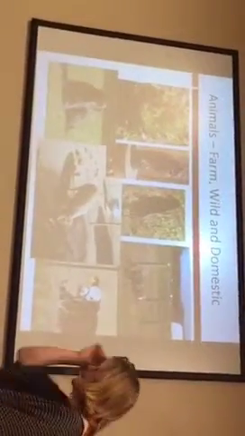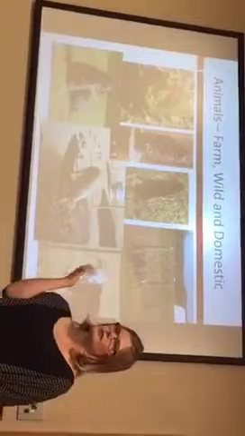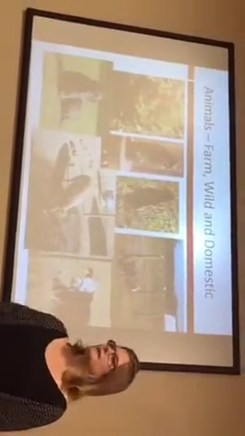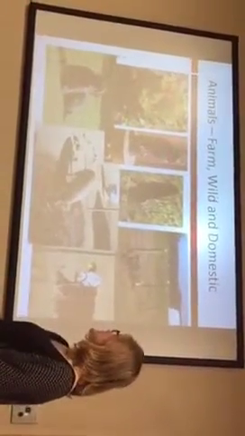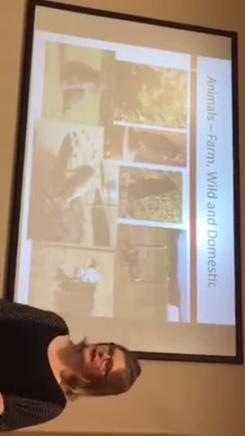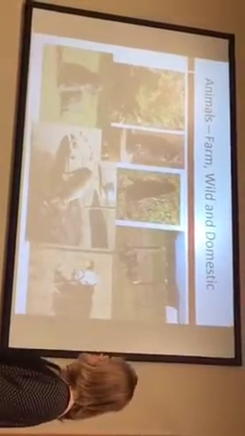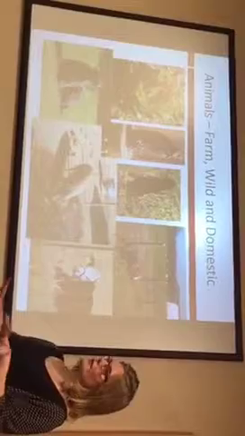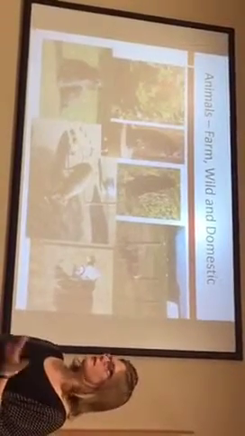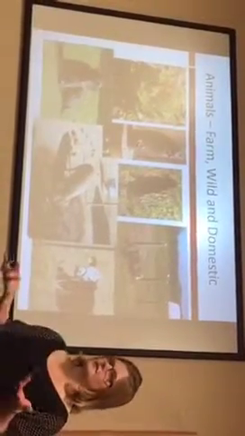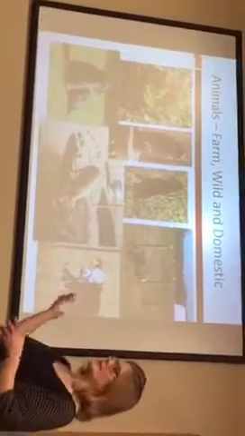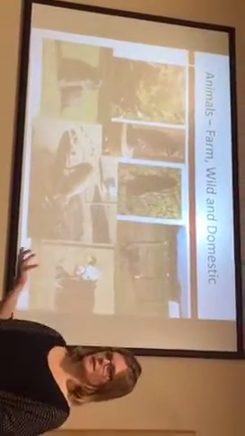Another topic that comes up a lot in food safety is animals. So wild, domestic, and farm animals, because they can often carry pathogens. So try to keep those processes as separate as possible, although obviously they do interact, and wild animals in particular, it's really hard to keep them off the field.